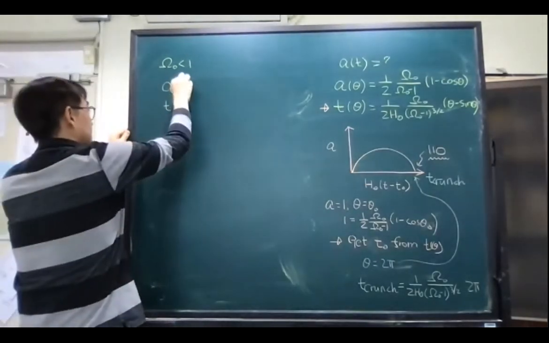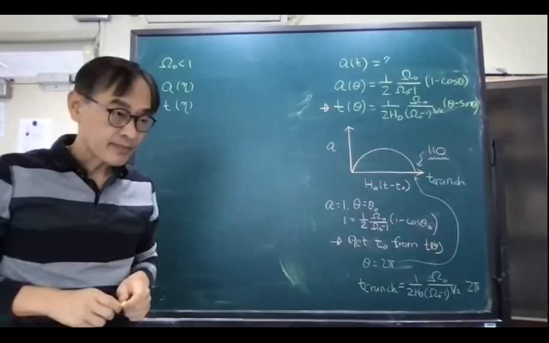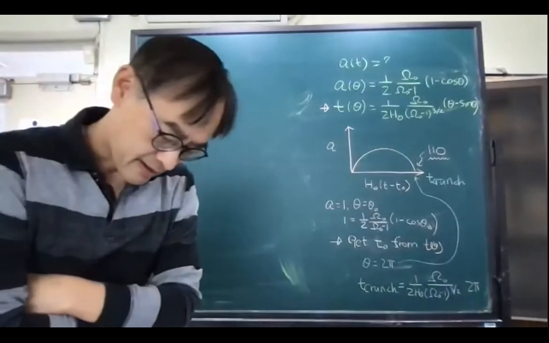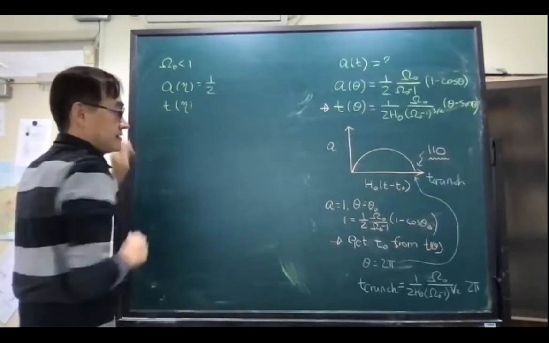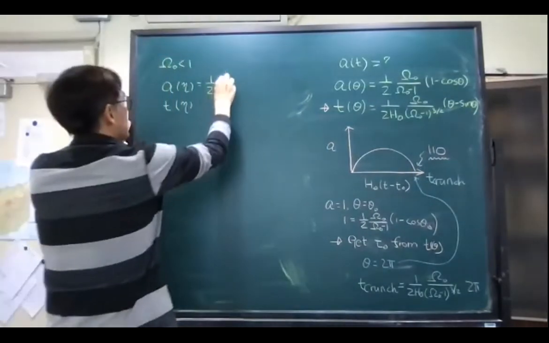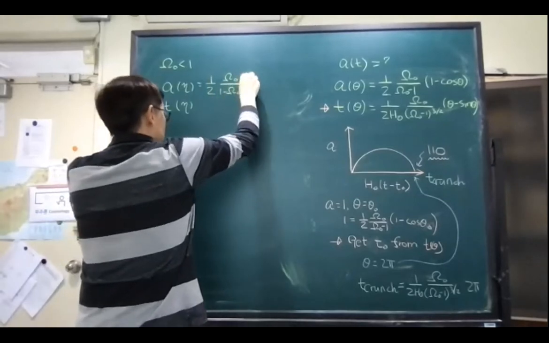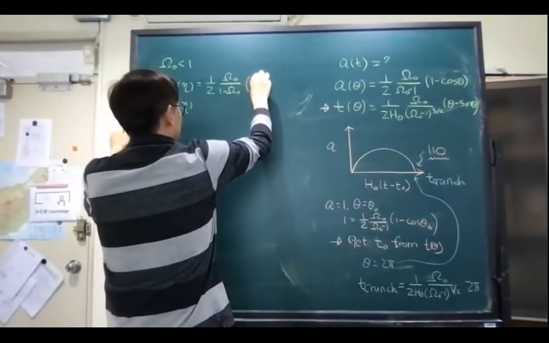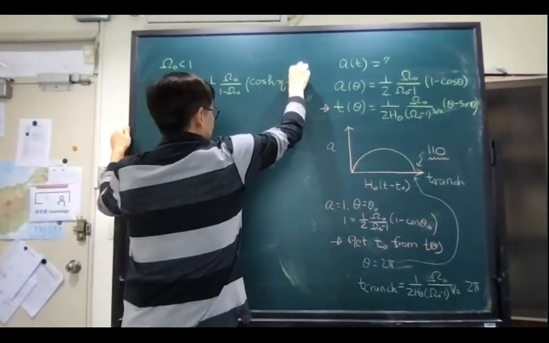Let's use eta, big letter eta, as the new parameter in this case. And it's quite similar, 1/2. We could compare with this. Omega 0, 1 minus omega 0. But instead of 1 minus cosine theta, we have hyperbolic cosine eta minus 1.